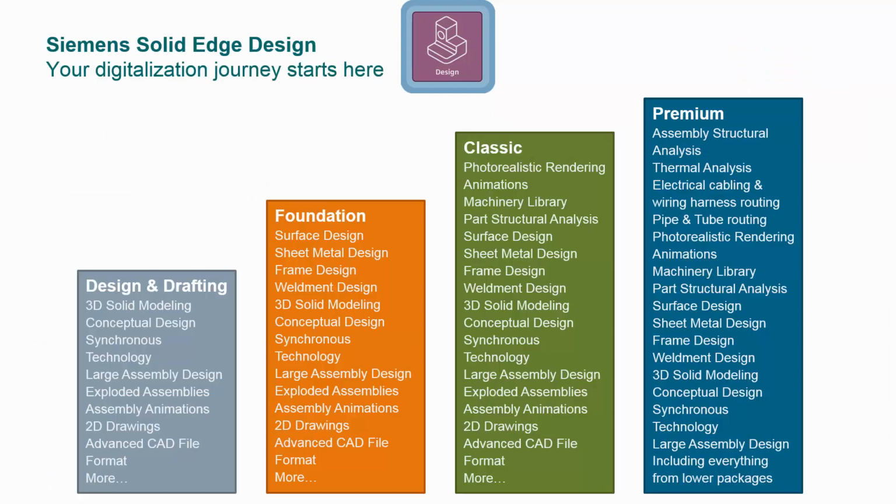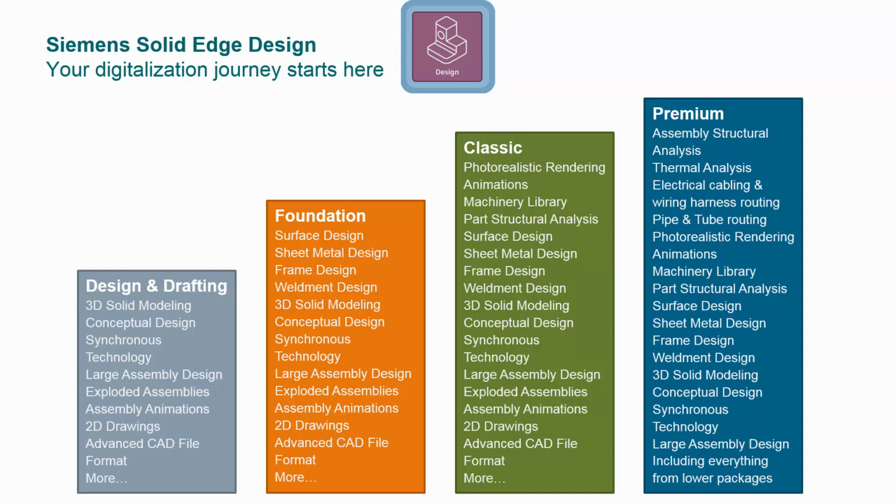What we've seen to this point is a subset of some of the most widely used functionality in Solid Edge. These design tools are split out and provided in different product packages depending on a customer's needs. The most common package is Classic and includes most of the basic design capabilities needed in industry.